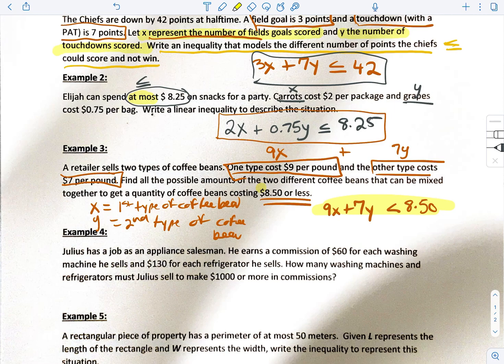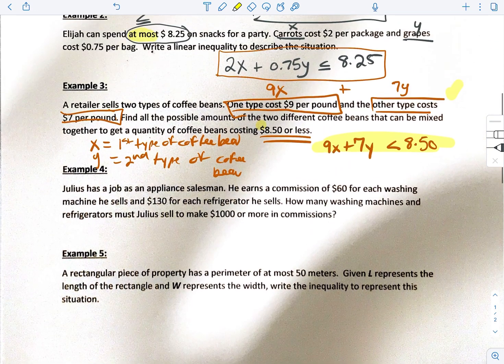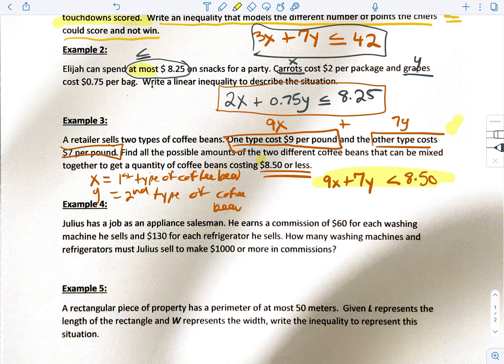But remember, when we're talking about coffee beans and things like that, we do less than 1 pound. A lot of times we do a quarter pound, a half a pound, things like that. So start thinking that way, and we'll go through this in class. All right. The rest of these, attempt to write an inequality, and then we'll come back and check tomorrow.